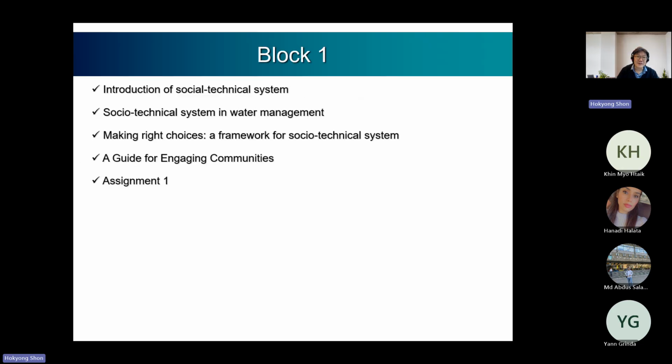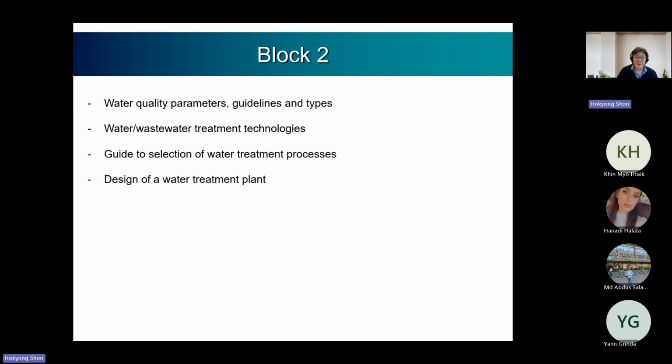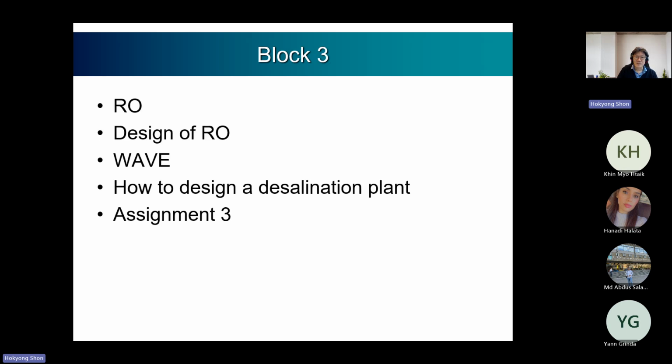And this is the detail. Block 1: we studied some of the socio-technical system in water management and how we can frame a socio-technical system to engage our community. Block 2 was about the water quality parameters, guidelines, types of wastewater and wastewater treatment technology, and then design of a water treatment plant.